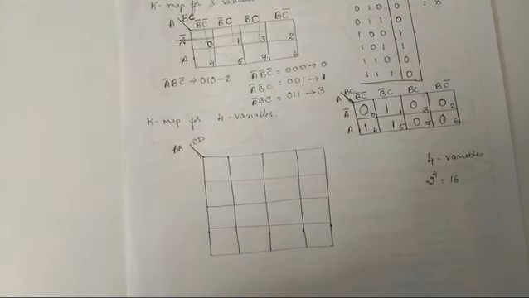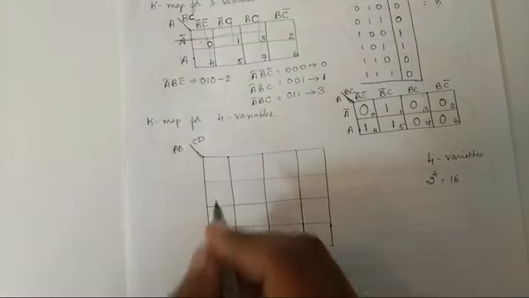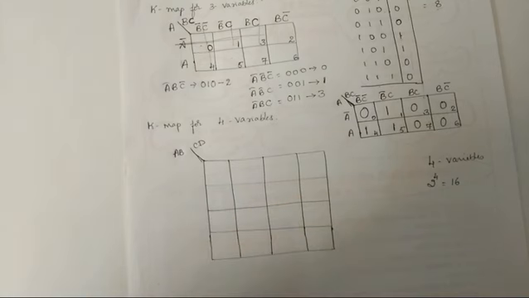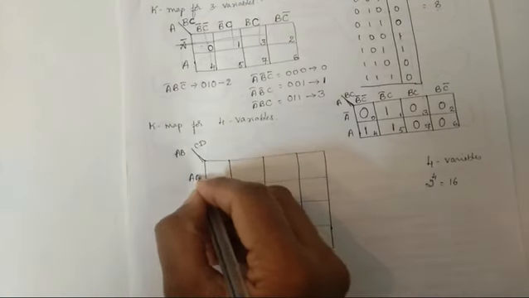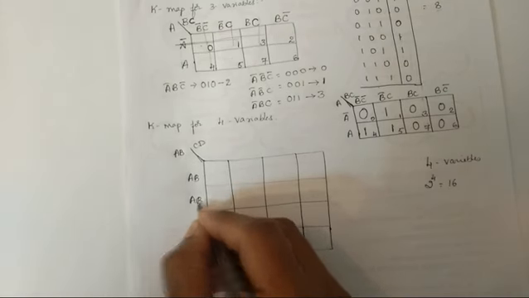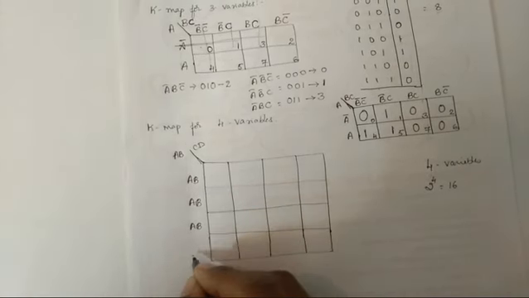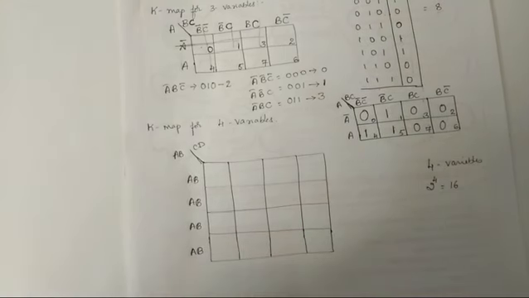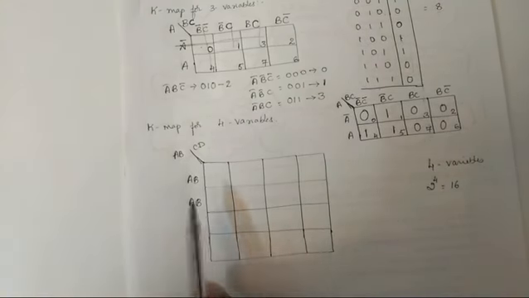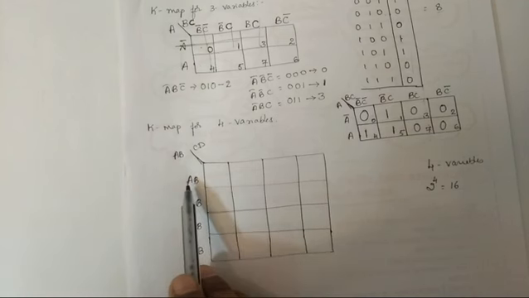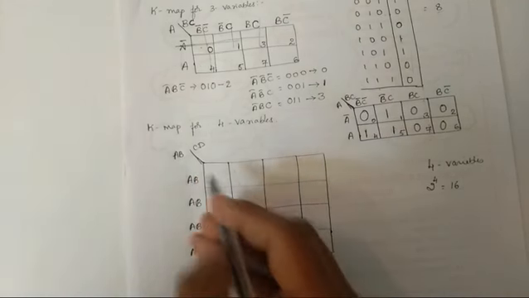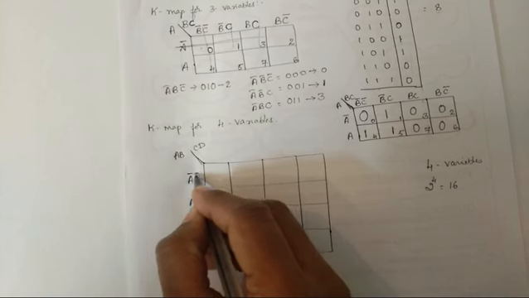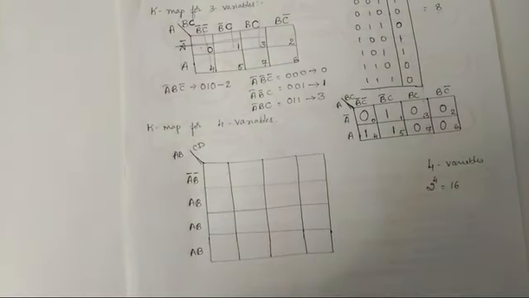Now I'll tell you the shortcut how to write this. Write 4 times ABCD, 4 times AB here, AB, AB, AB, AB. Next, after writing 4 times, always from the starting, what we have to write? We will always start with 0 0, so it is A bar, B bar.